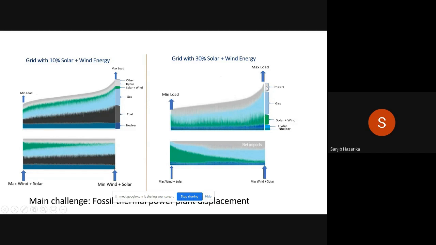Sometimes they also have the option to import. In Europe, there are countries that can import or export electricity, especially Germany, Sweden, Denmark, even France, I think. So they can buy electricity from other countries if their demand is high, and at the same time, if they are generating extra electricity, they can sell it to others.